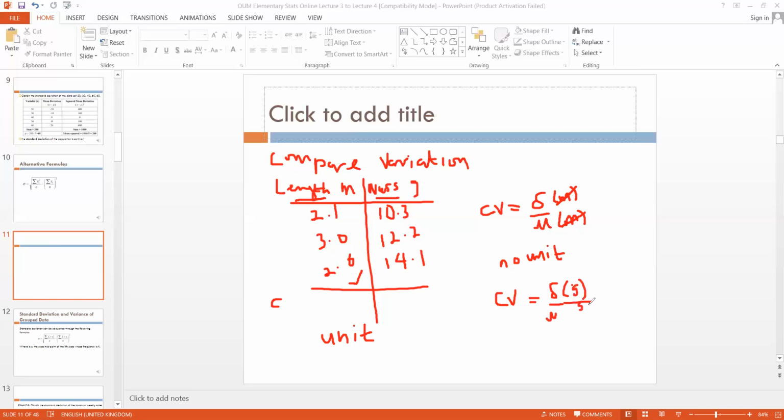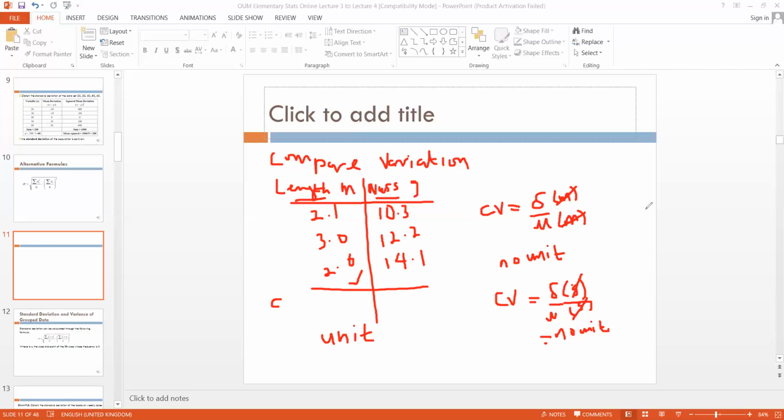Hence, the coefficient of variation will also have no units. So if both quantities, the coefficient for length and the coefficient for mass, are unitless, then we have a basis to compare them, because they are on the same scale, or the same dimension.